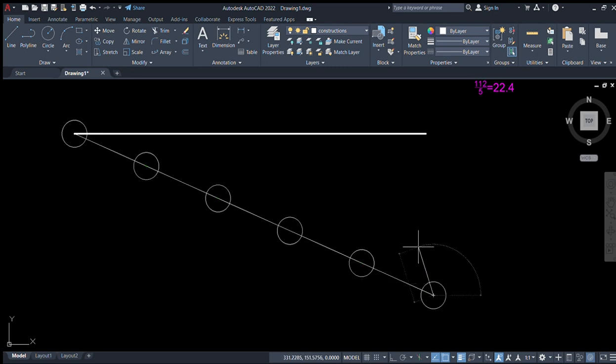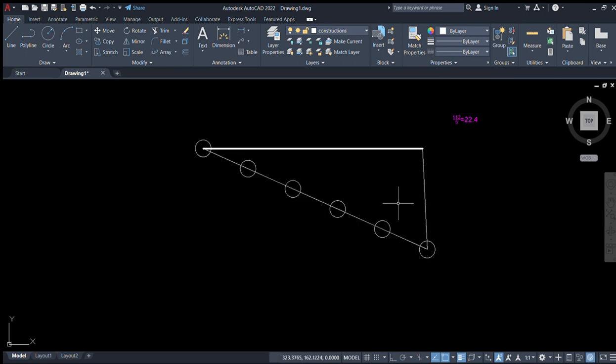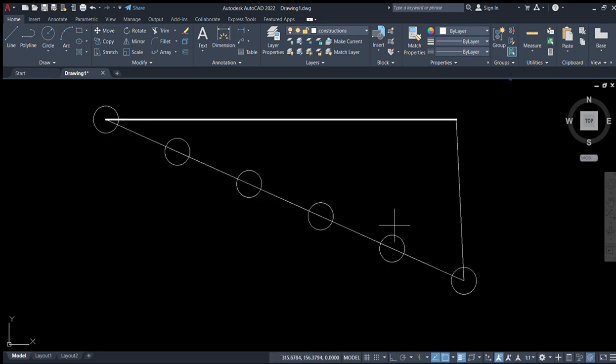So join the last mark to the end of our line. So join it there, and subsequently draw lines from your markings parallel to the last line that you drew there.